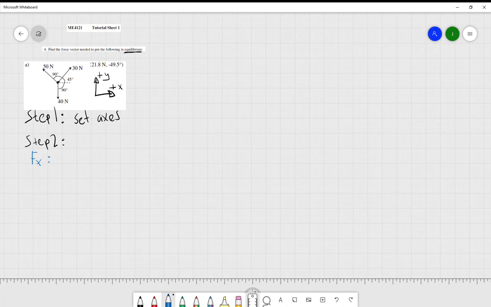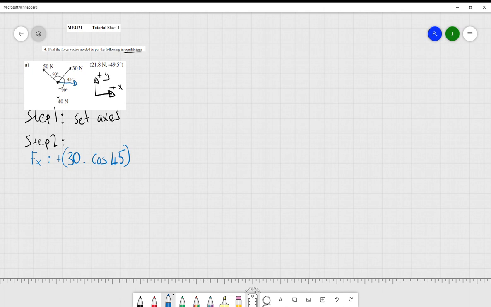The 40 newton force vector is not going in the x, so it doesn't have a component. So we'll start off with the 30 newton, and it is 30 times cos 45, because it's the adjacent. That is all positive because it's going in the positive x direction.